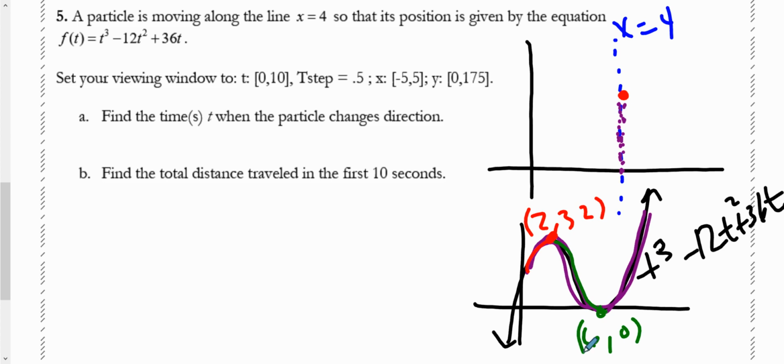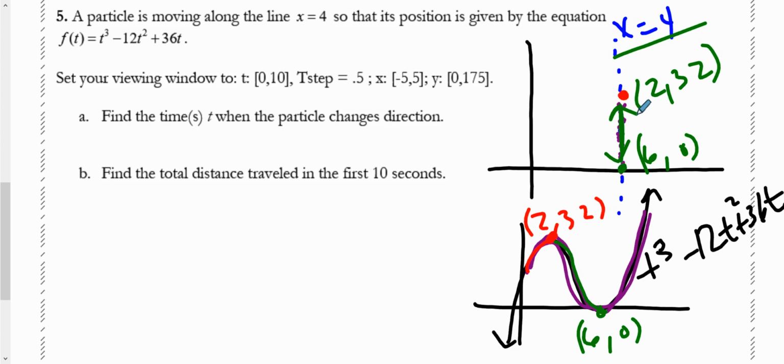Now, these points are actually on this parametric. So I'm going to label this one here. This is the 2, 32, and then right down here is the 6, 0. Remember, it said it's moving along this x equals 4, so you can't see this sort of three-dimensionality to it. It looks two-dimensional. So it's moving this way and then back up this way. So you have the same points there.